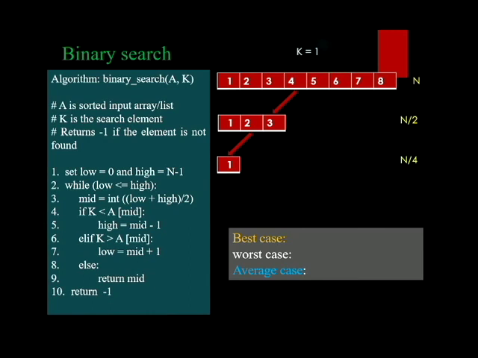If every time you're dividing into 2 equal parts, you can say n divided by 2 to the power i equals 1. So your i is what you want to find, right? How many steps you needed to split to get this? When you do the math, that i will be log of n.